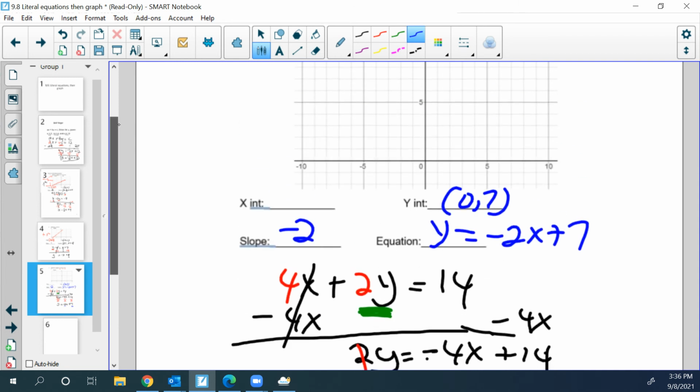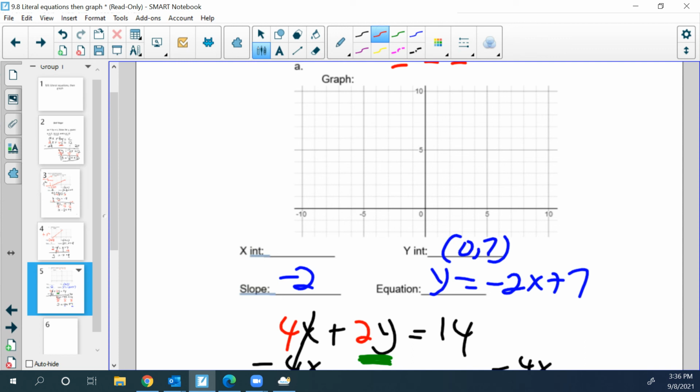Okay, let's go back to the graph. So I'm going to start at 7. That is my y-intercept. And my slope is negative 2, and we're going to make that a fraction. Therefore, I'm going to go down 2 because it's negative. I'm going down 2 and to the right 1. So down 2, to the right 1.